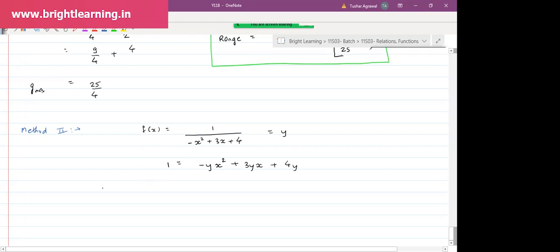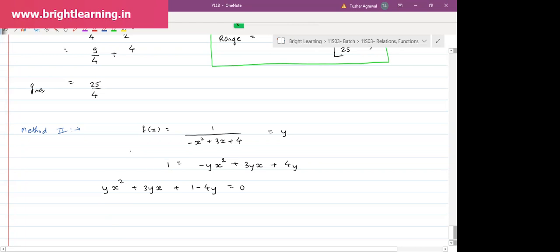Just bring everything to the RHS. So this becomes y into x square plus 3y into x plus 1 minus 4y is equals to 0.